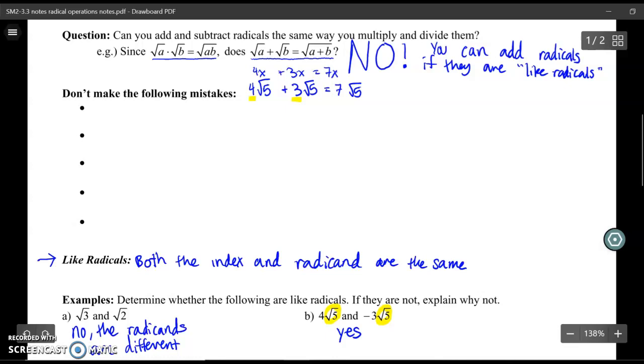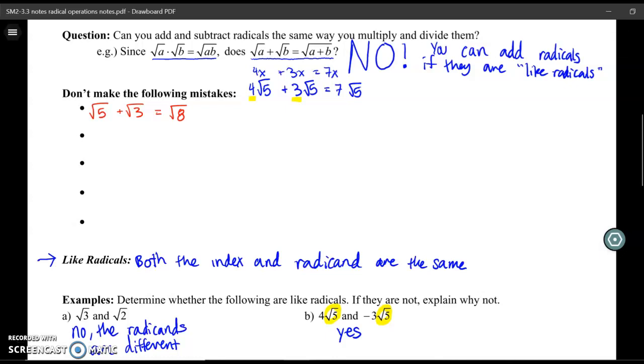So here's a couple common mistakes. I am going to do the mistakes in red so it's clear, hopefully, that they are incorrect. If I have the square root of 5 plus the square root of 3, lots of times people will want to add the radicands together and get the square root of 8. That is a big no-no, okay?